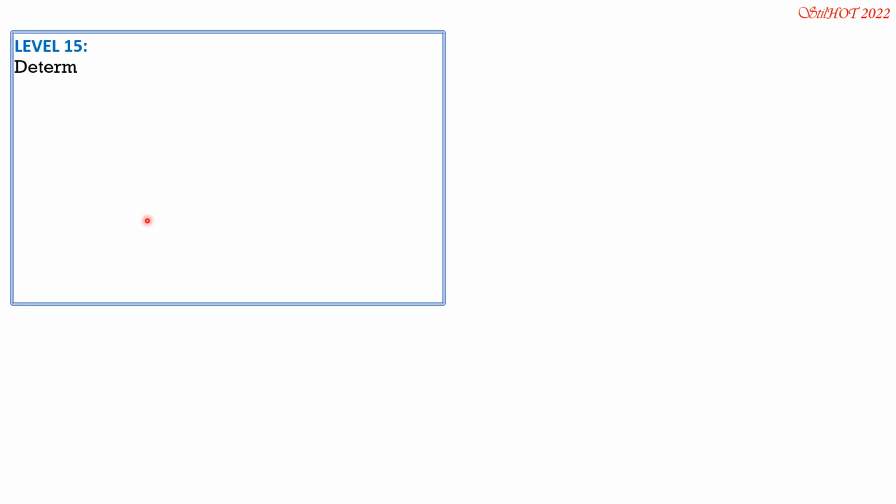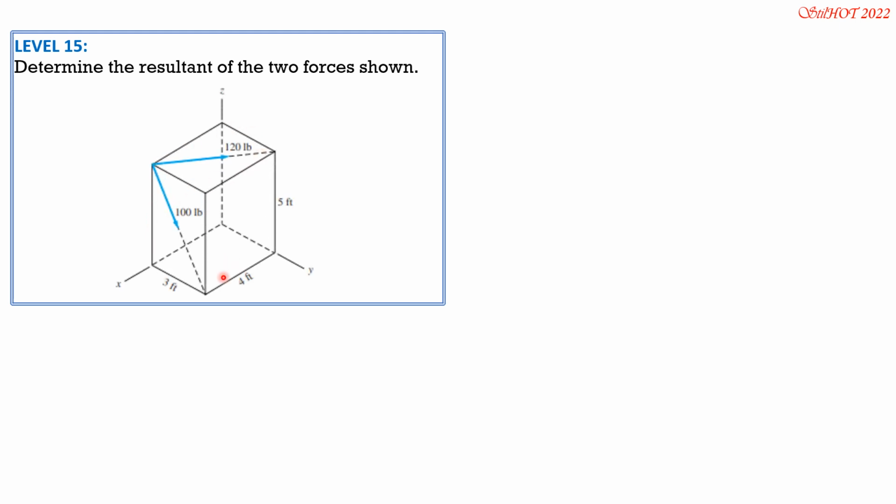Level 15. Determine the resultant of the two forces shown. So here is the given figure. Let's call the 120 pound force F1, and the 100 pound force F2. For 120 pound, it is negative along x to reach this point, negative 4i, positive 3j.